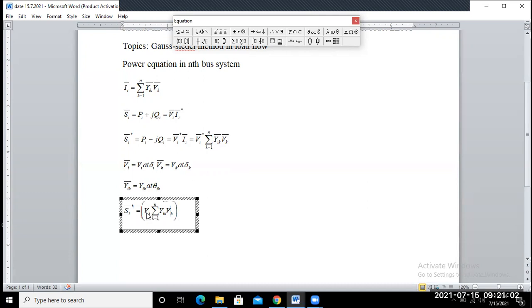This angle, that is the angle of Vi, becomes negative since here we have the complex conjugate.